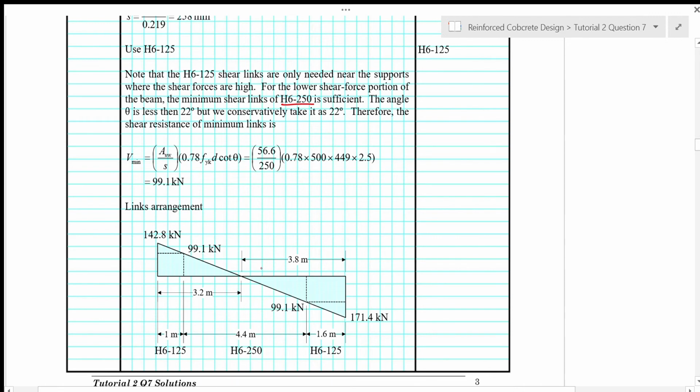And then on this side of the triangle here, with proportional triangle, we also can determine this distance, which is approximately 1.6 meters. So here we can use the shear links designed for higher shear force and also for this side. And then for this region of the beam where the shear force is less than 99.1 kilonewton, we can use the minimum link of H6 at spacing of 250 mm.